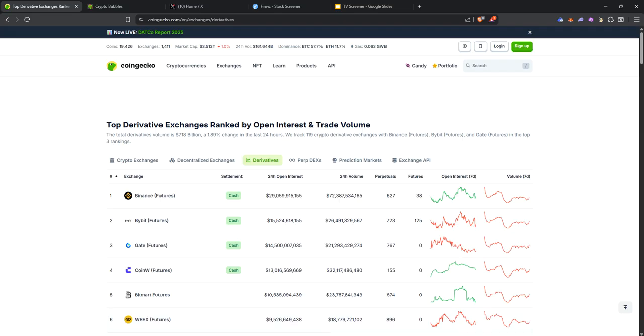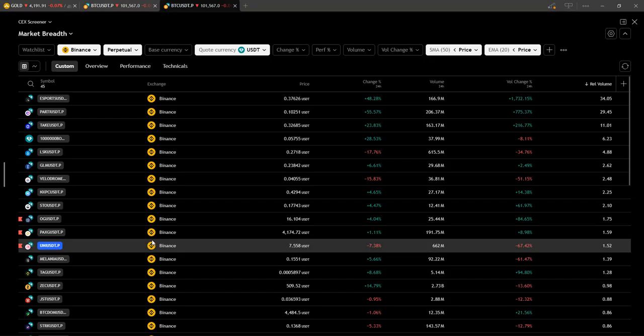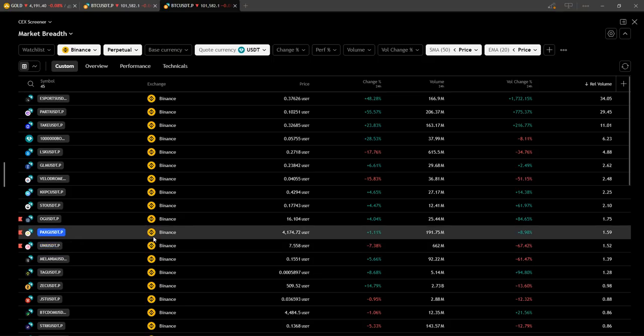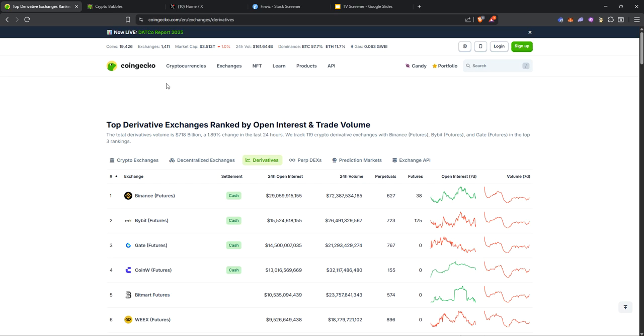So 627. So what I do is, if you go back to TradingView, I want to see how many tokens are up under certain conditions out of those 627. Sorry for jumping back and forth.